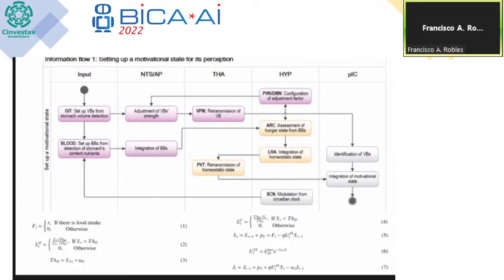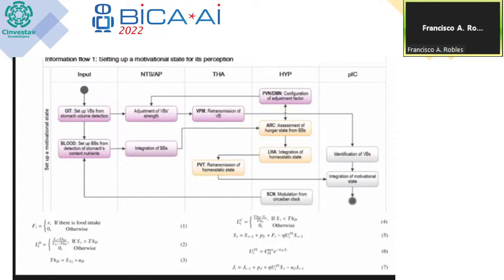The sensory biomarkers intensity is modulated based on the current energy level by the PVH or DMN in the nucleus tractus solitarius or the area postrema, equations 16 to 17 in the next slide. Then this information is sent to the insular cortex for its integration with homeostatic information, and that's explained in equations 18 to 20 in the next slide.